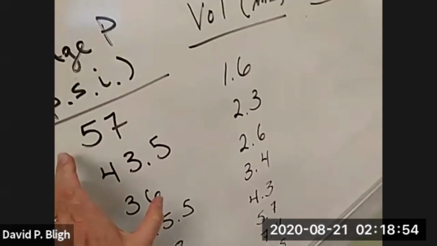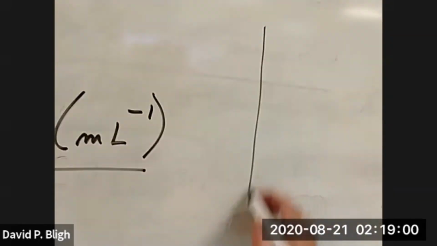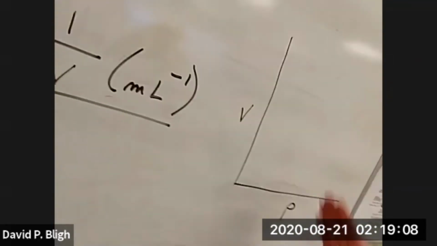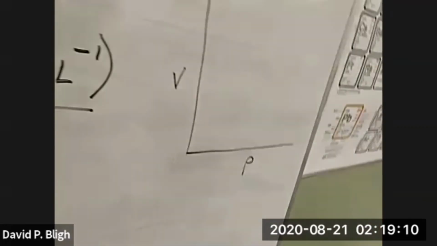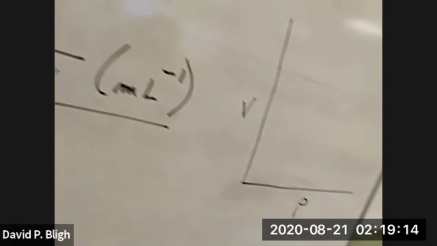Now, what do you get when you plot pressure and volume? Well, Boyle told us what you get, right? If you plot pressure against volume, you get an inverse relationship, which means the slope is this direction. Direct relationships are that way, inverse are this way.